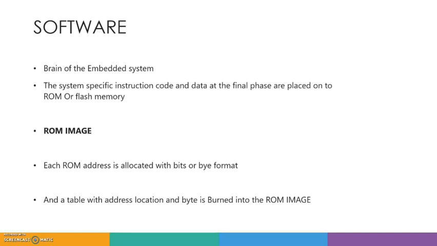It is called the ROM image, and along with it we keep a table holding the various address locations of the ROM and the byte present at each of those locations. We form that table and keep it along with the ROM image. So this is the software.